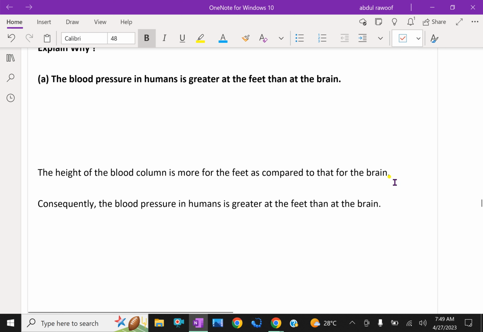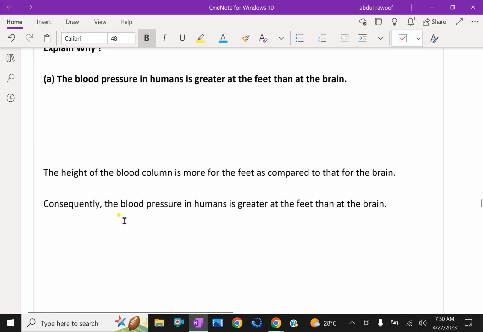The blood pressure is more in the feet because it is more distance from the top of the blood column. So the height of the blood column is more for the feet as compared to the brain. Consequently, the blood pressure in humans is greater at the feet than at the brain if he is standing upright.